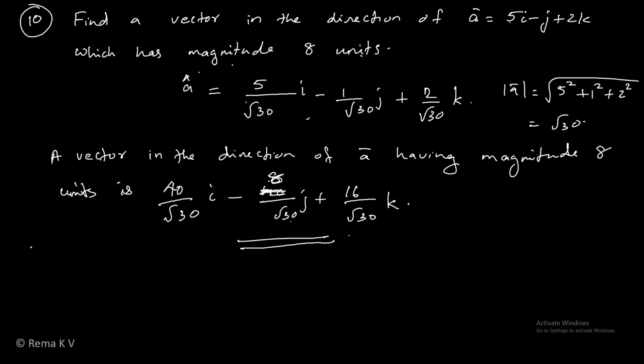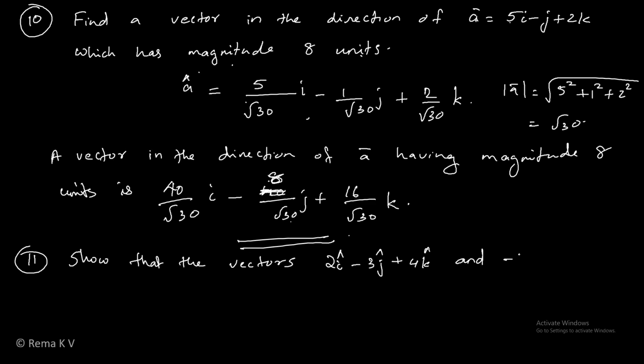Now the next one is: show that the vectors 2i minus 3j plus 4k and minus 4i plus 6j minus 8k are collinear.